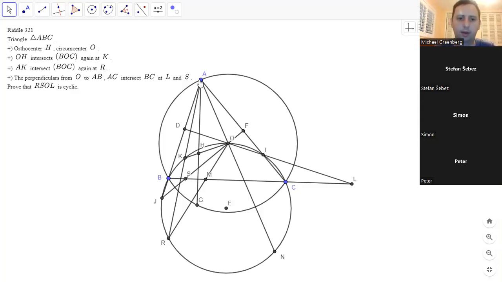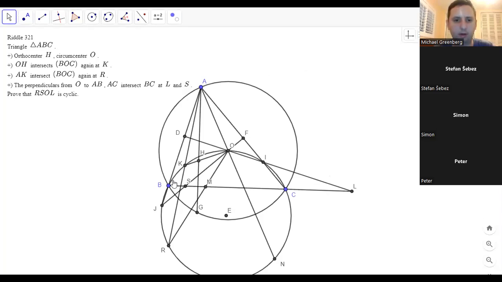If we project it through A, then we would get BBKI, a degenerate quadrilateral. Is that right? No, I think B and J just swap. Yeah, that looks really good actually. So then we'd have BJKI.